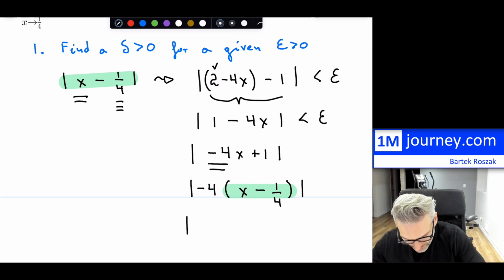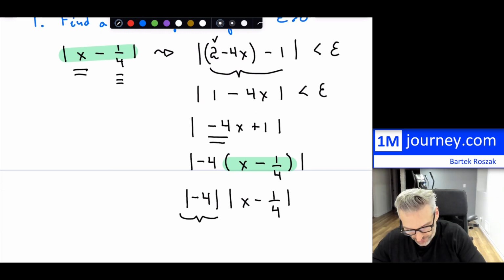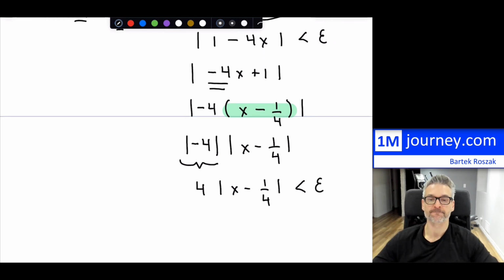Because we have absolute values, I can do this: x minus 1 over 4, and you can write the 4 in here right away. Then you would have x, and don't forget your epsilon within here.